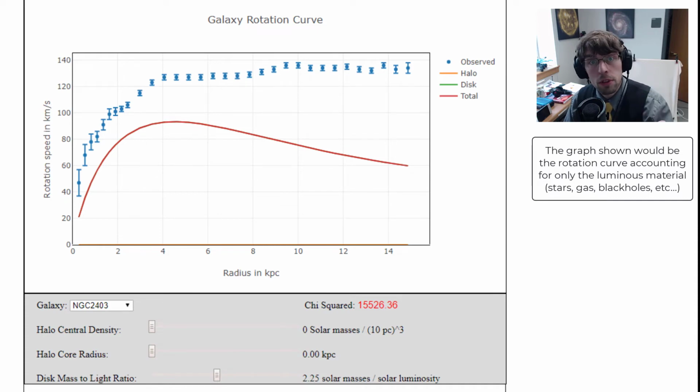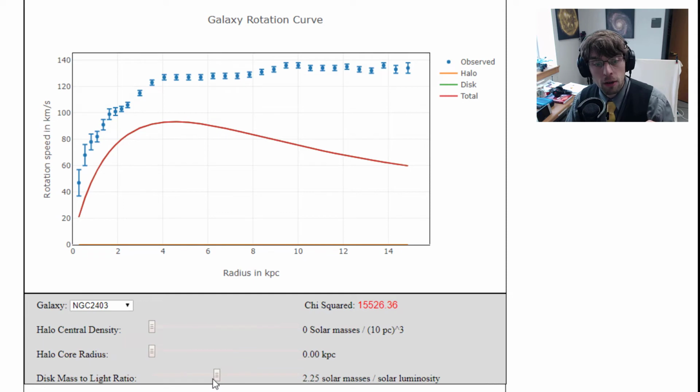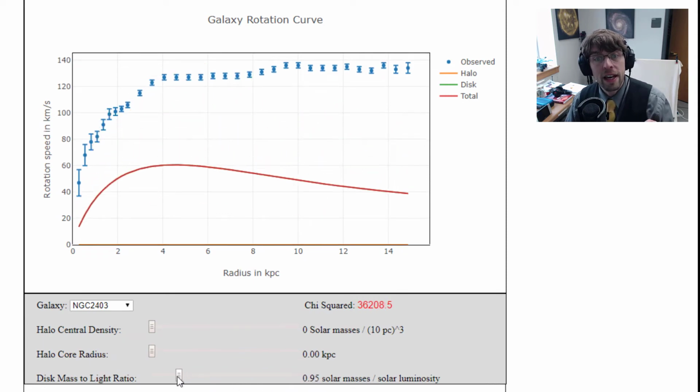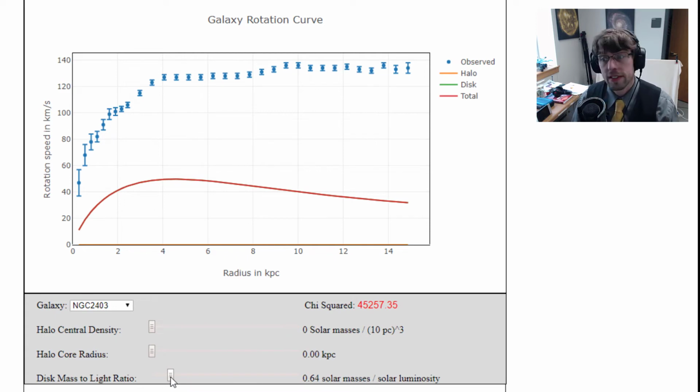Those are the blue dots. Doesn't matter, right? I need to add in additional material, mass, which does not emit light. Well, how do I do that? That's the next 2 slider bars. So one of these, you notice it says halo core radius.